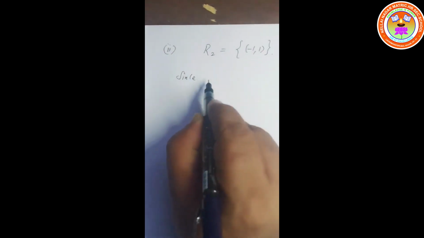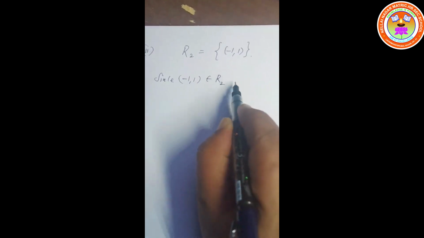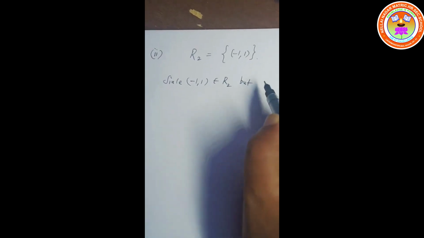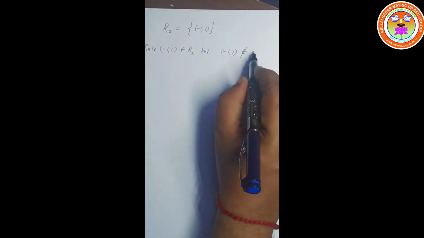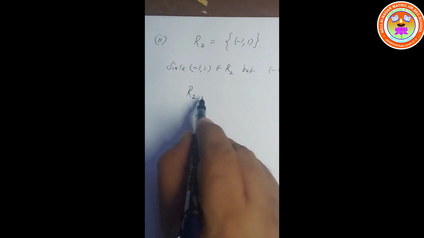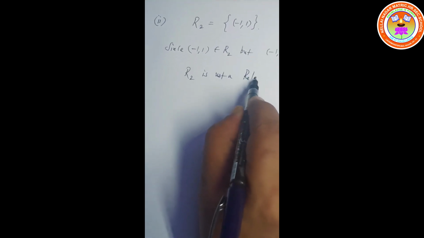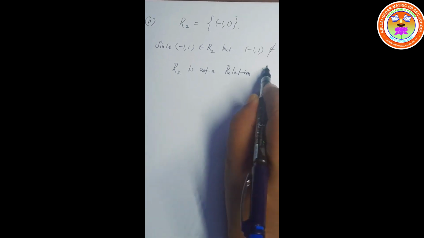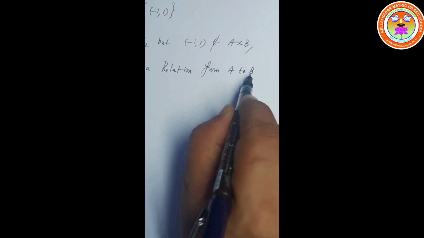Since (-1, 1) belongs to R2, but the same (-1, 1) doesn't belong to A cross B, R2 is not a relation from A to B. Okay.